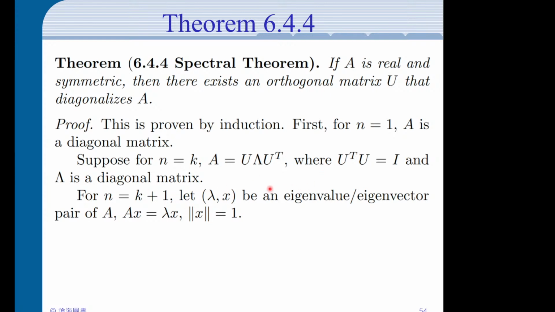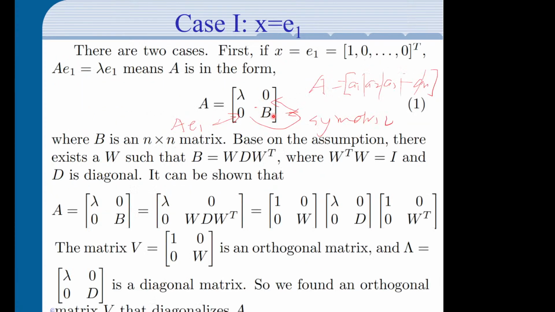So we say B is now okay, but there is something you need to show. You need to show B is also real and symmetric, but it's easy to see just from A being real and symmetric.